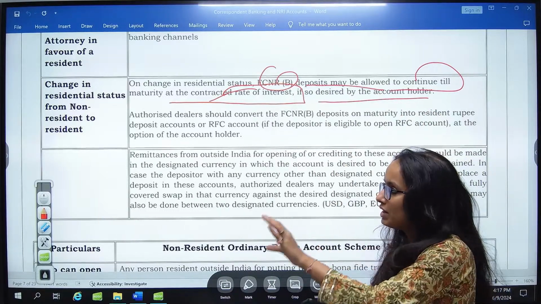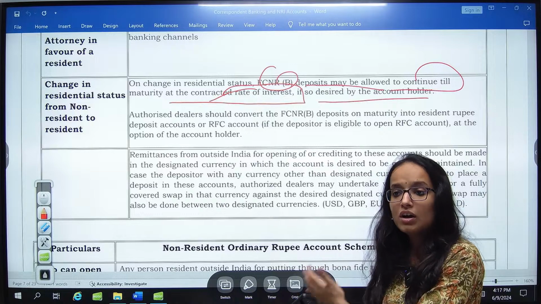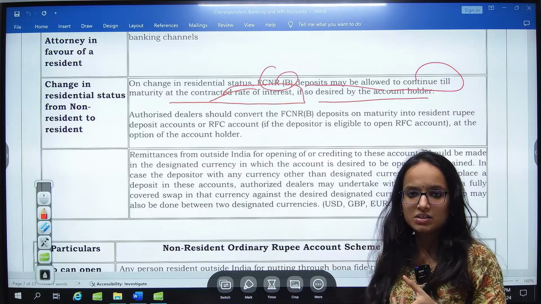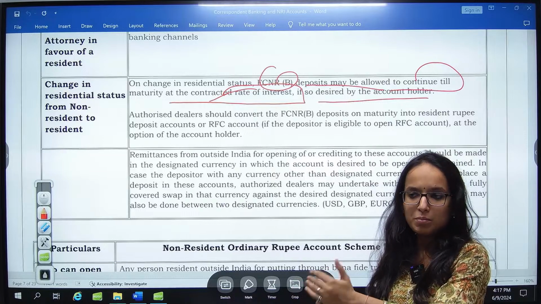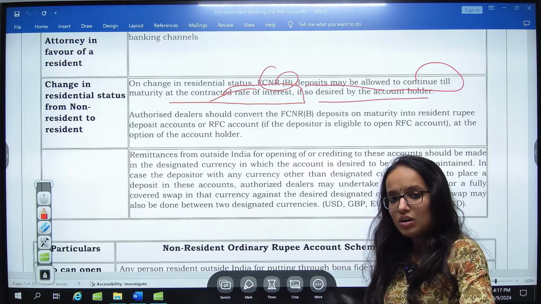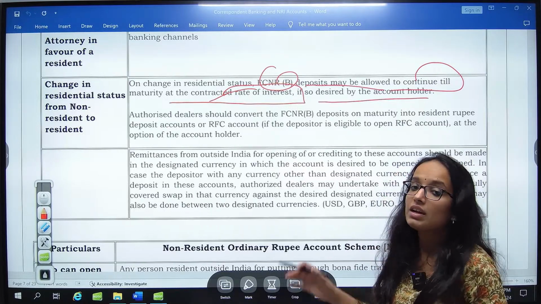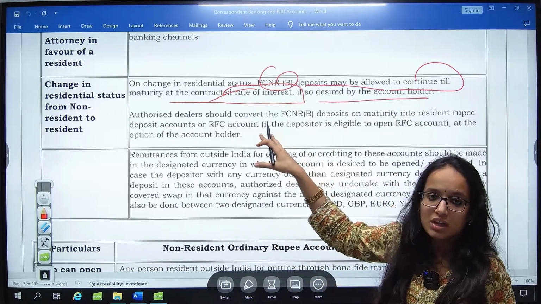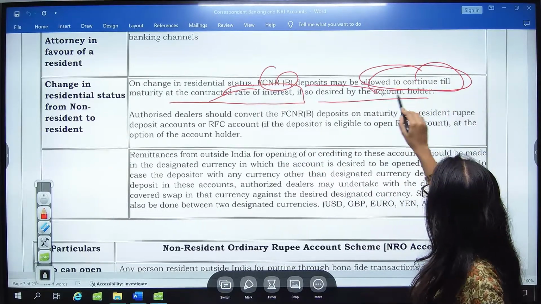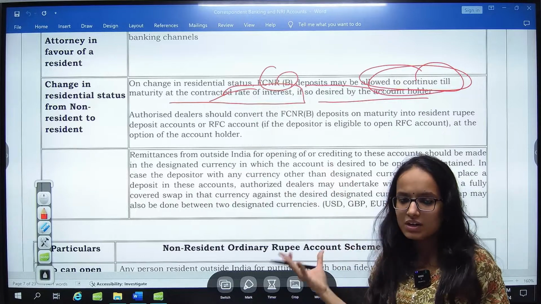So even if there is a change in your residential status, say you have become resident of India, or you are looking for some employment which will change your resident status for a longer period of time, making you resident of India, for example, and you want to continue this, you can be allowed to continue till the maturity of that account, like minimum 1 year, maximum 5 years.